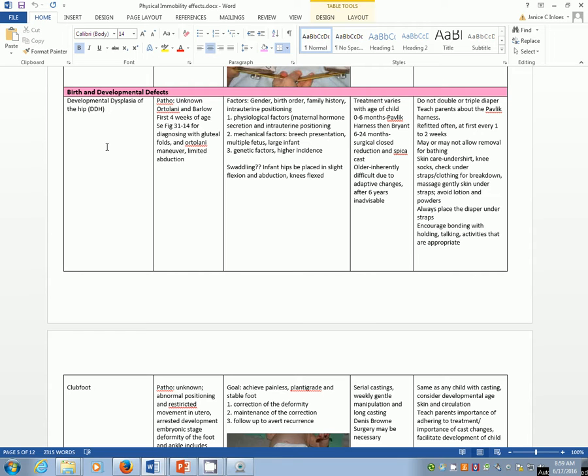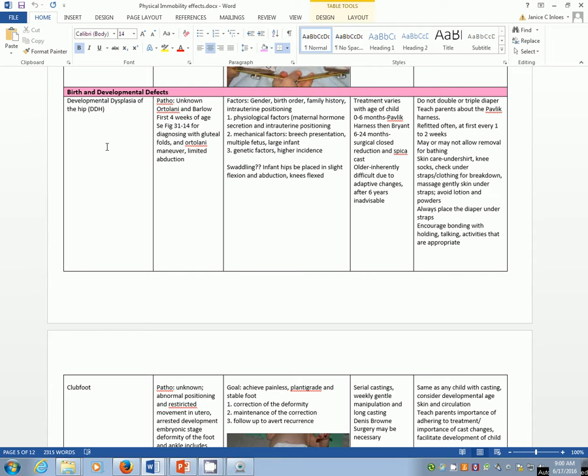So first thing you're going to look at, when you are assessing your baby, are those uneven folds. Does he have asymmetrical gluteal folds? Usually there's more folds on one side than on the other. And you can see it from the front or the back. So with the Ortolani, you're going to have them lying flat, and you're going to see if you hear that audible click.